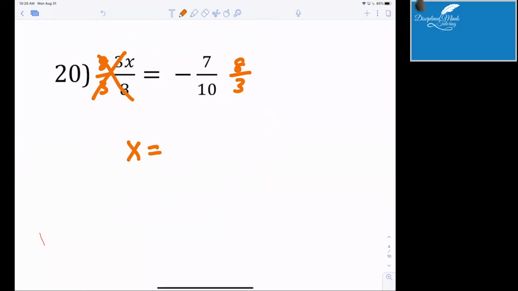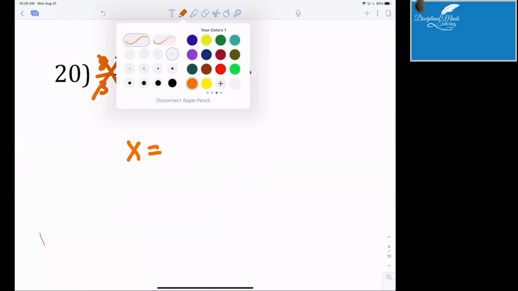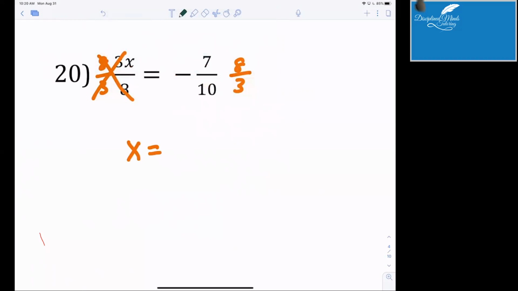Can I reduce anything with 8 and 10? Yes, by what? So that becomes a 4, that becomes a 5. So final answer: negative 28 over 15.